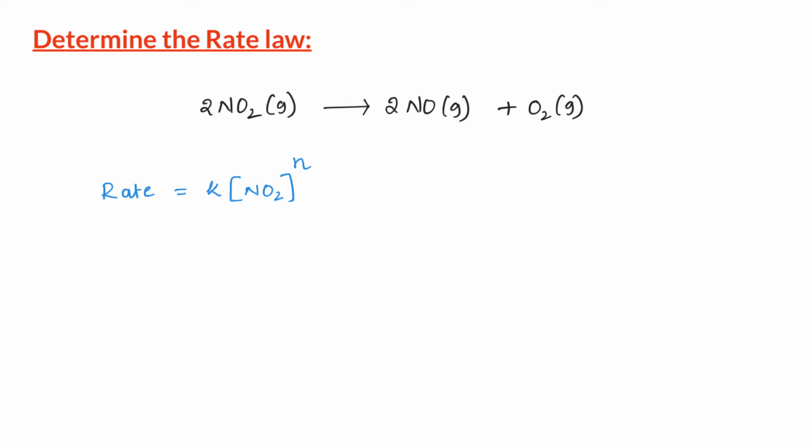The idea is to perform several different experiments with different starting concentrations of NO2 and measure the initial rates of the reaction at these concentrations. For each experiment we conducted, we have the initial concentration of NO2 and the associated initial rate at that concentration.